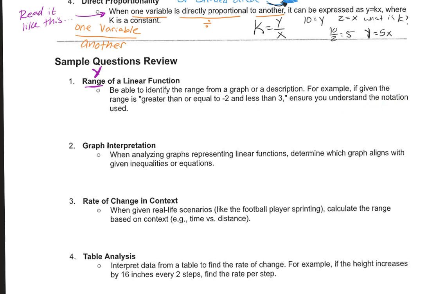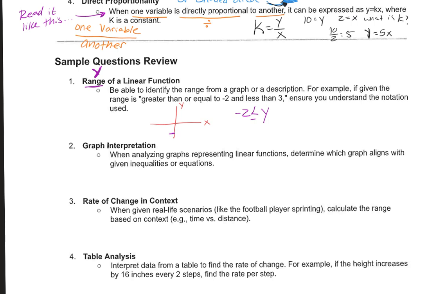understand the notation used. So first off, let's give it a little graph to see what that looks like. Here's my graph, here's my x-axis and my y-axis. I know the range is talking about my y-axis, greater than or equal to -2. So let's write the notation out here: y greater than or equal to -2.